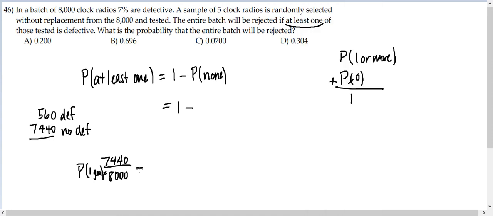We knew it was going to be 93 because it was the opposite of 7% are defective, so 93% are not defective. Alright, but remember the other thing about this is it says without replacement. So for this particular problem, we're going to have to do this bit here where the probability of the first clock being good is 7,440 divided by 8,000. Then the next time we have one less good clock and one less clock overall.